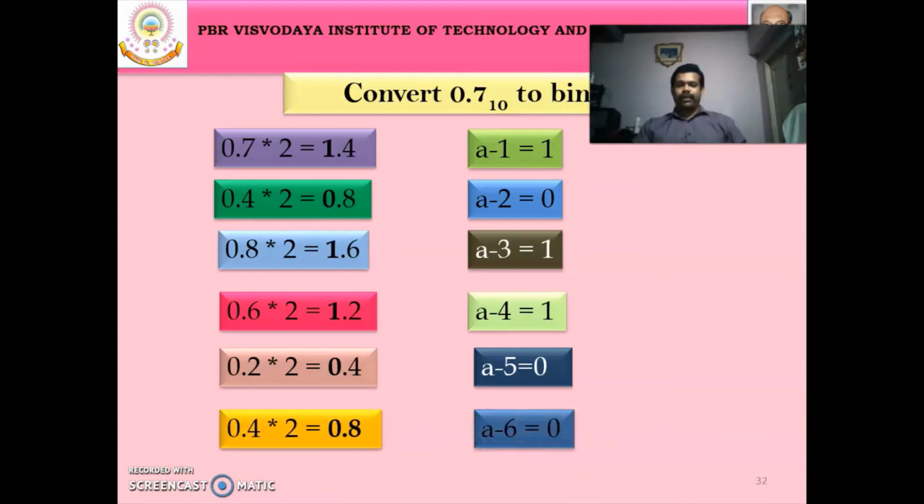So 0.4 into 2 is 0.8. In this particular problem, after getting 1011, the 0110 will be repeating.